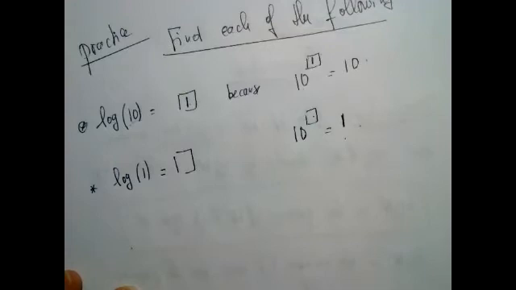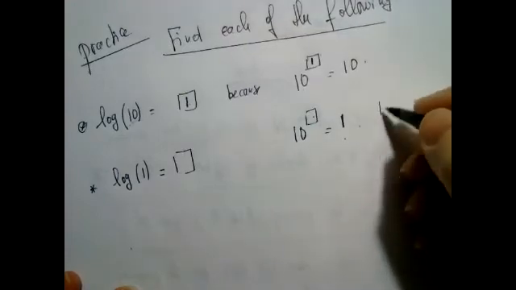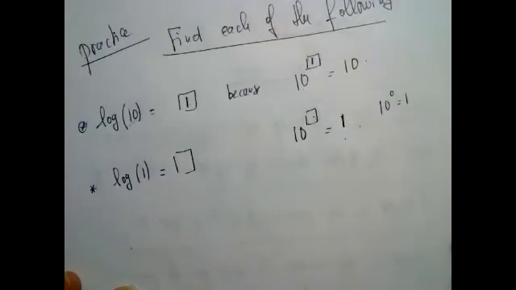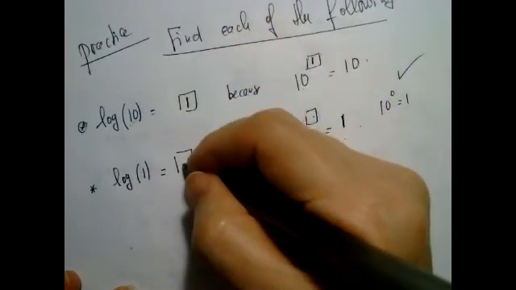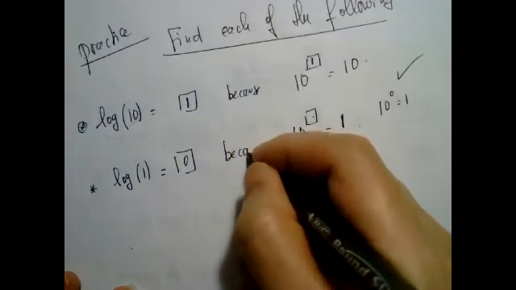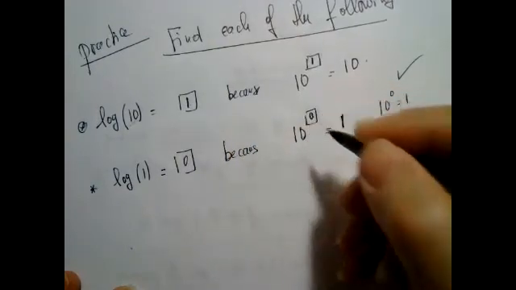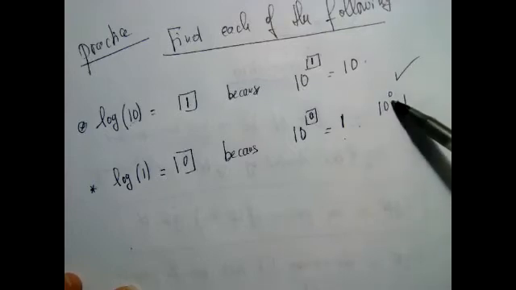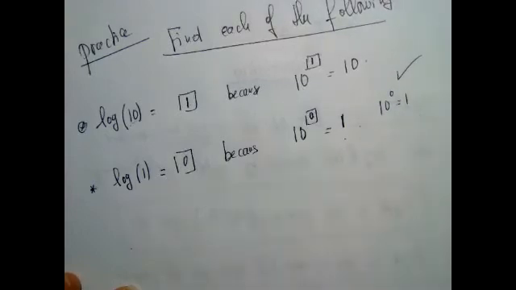It means he is telling me 10 to the 0 is equal to 1. Is he correct? Absolutely. So log of 1 is equal to 0 because 10 to the 0 is equal to 1. So whenever you give me an answer, ask yourself, is 10 to this answer equal to what's inside?